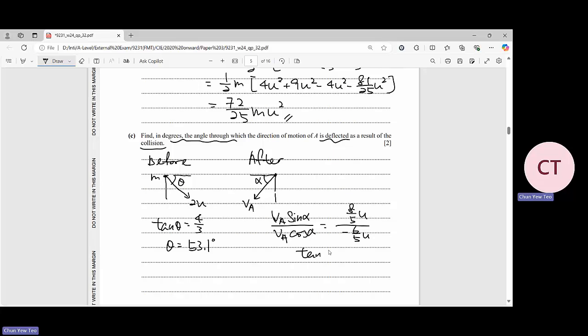So you get tangent alpha equal to negative 4/3. Then you get alpha is negative 53.1 degrees.